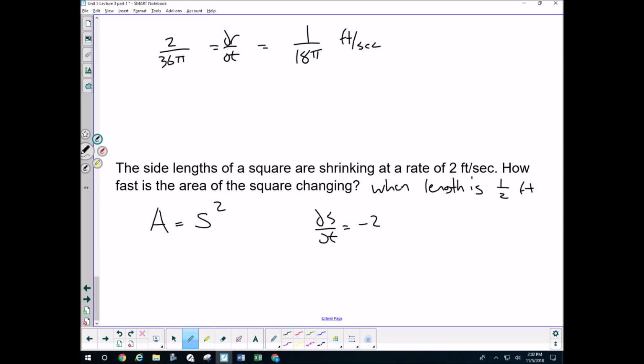If you use L times W, you'd have to use the product rule for your derivative. So best not to use that, side length being squared. How fast is the area? That's dA/dt when the length is 1/2 of a foot.